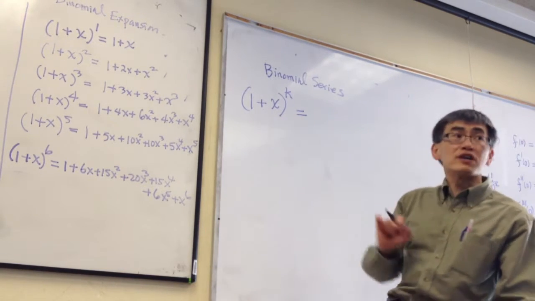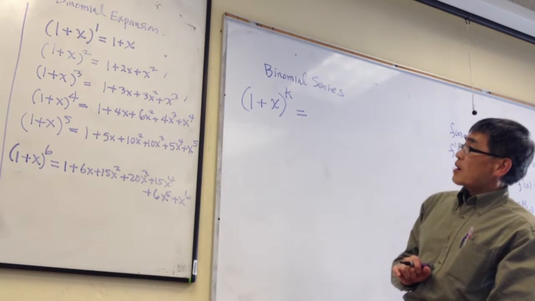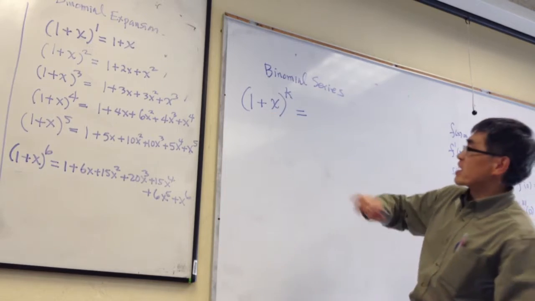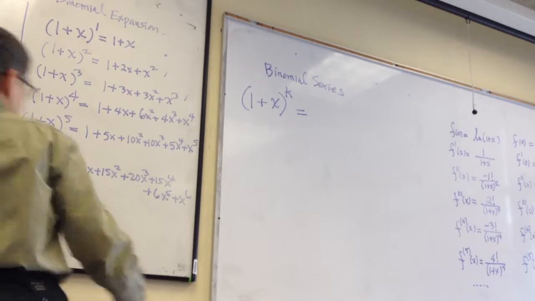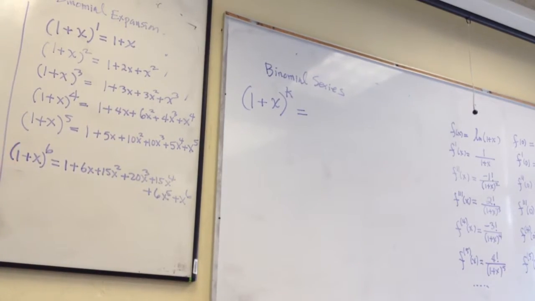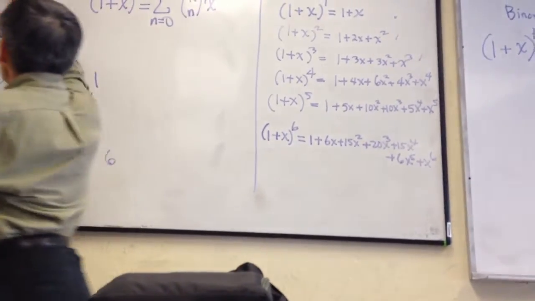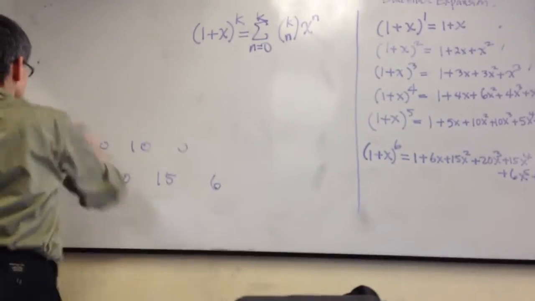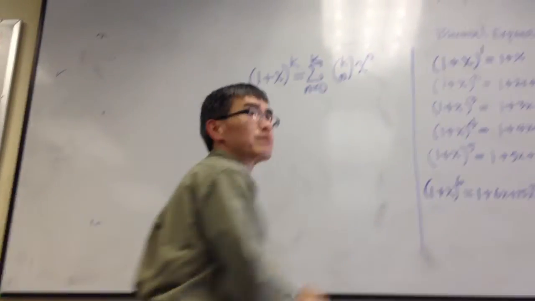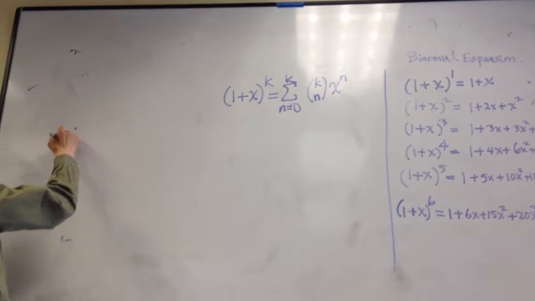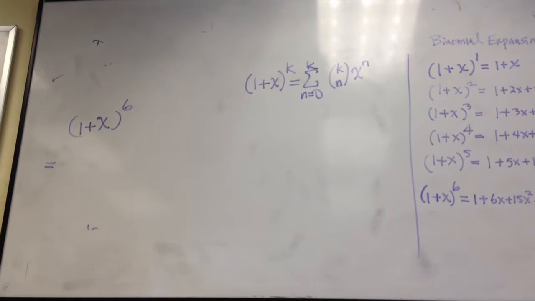But here, we generalize it. You can guess what it's like. Look at one example closely: (1 plus x) to the 6th power, and examine each of the 7 terms.